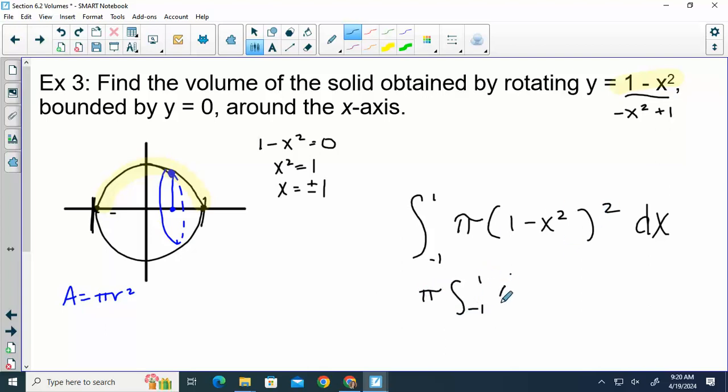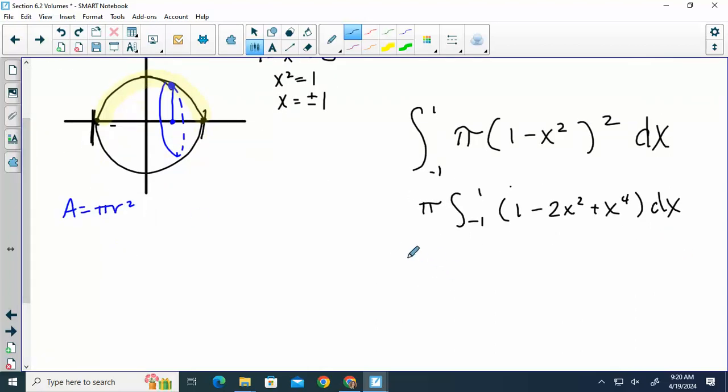Let's just FOIL this out so we don't have any substitution or anything. So that would be the integral of 1 minus 2x squared plus x to the 4th dx. Okay, antiderivative of 1 would be x minus 2/3 x cubed plus 1/5 x to the fifth.